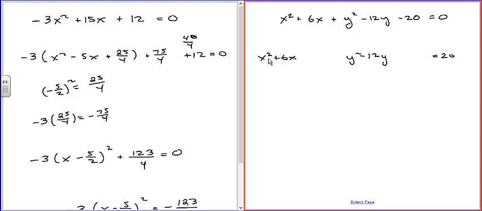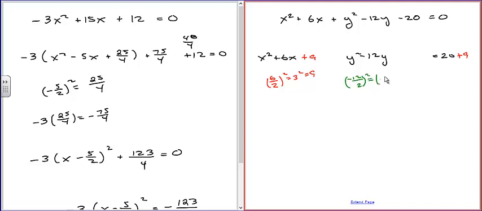So now we complete the square for these two terms. So we take 6 divided by 2, which is equal to 3 squared, which is 9. So we add 9. Now, because I already have this on the right-hand side, I'm going to go ahead and add 9. Instead of subtracting 9 on this side and then moving it, I'm just going to add it to both sides. Now here we have negative 12, so we have negative 12 divided by 2 squared.